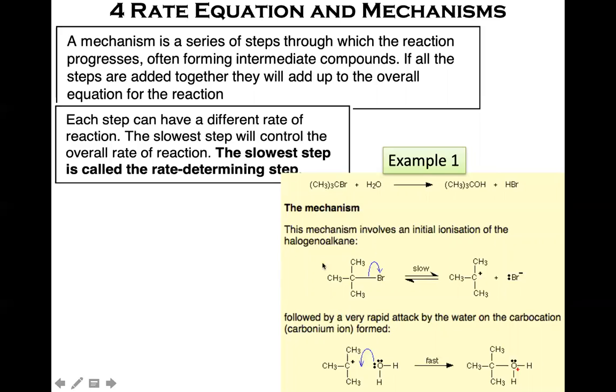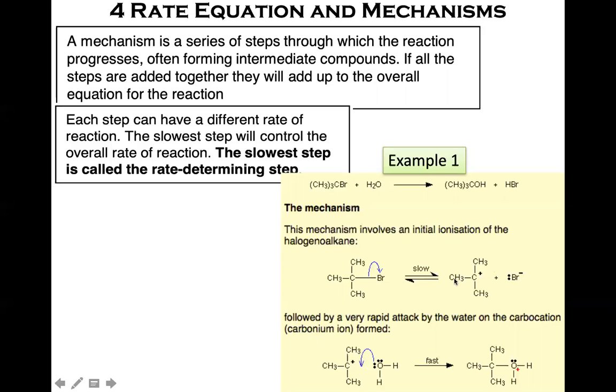So these 2 steps are the mechanism. This is your equation. Your mechanism shows that in order to transform your reactants to products, it requires 2 steps or 2 stages. And in the process, you form an intermediate.